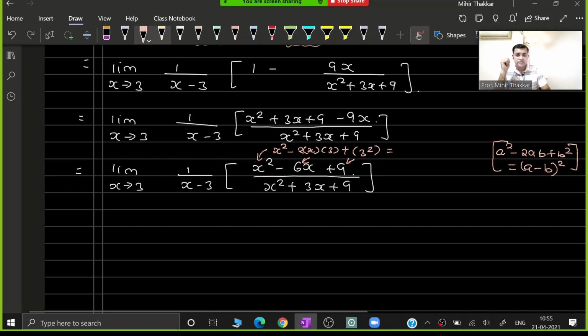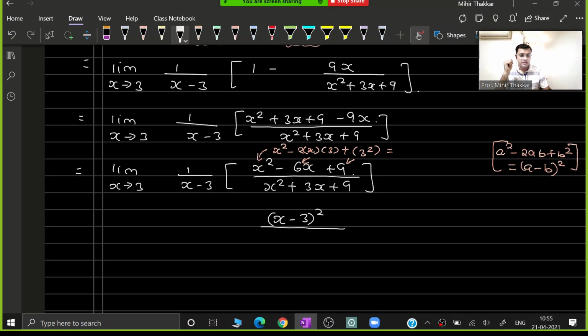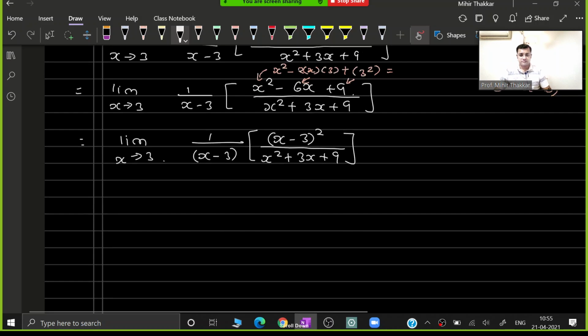So here it turns out to be equal to x minus 3 the whole square and x square plus 3x plus 9. I will just copy the remaining elements as it is, 1 upon x minus 3, and of course the limit element, limit as x tends to 3.